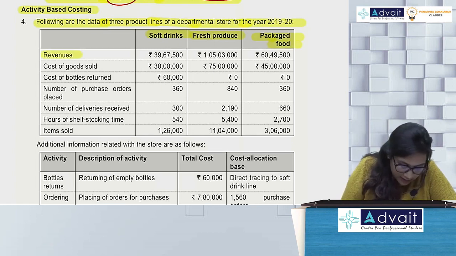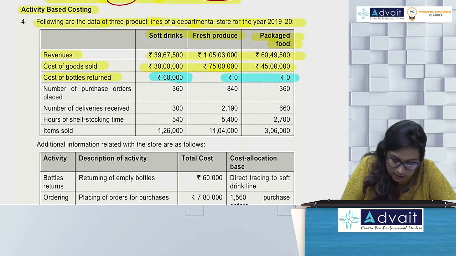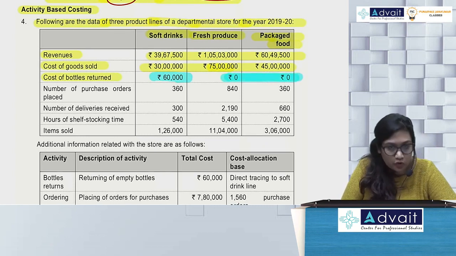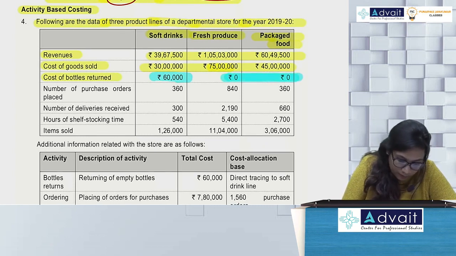They have given us the revenues for each of these segments, the cost of goods sold for each of these segments, cost of bottles returned. Now this is given only for soft drinks. There is nothing given for fresh produce and packaged food.